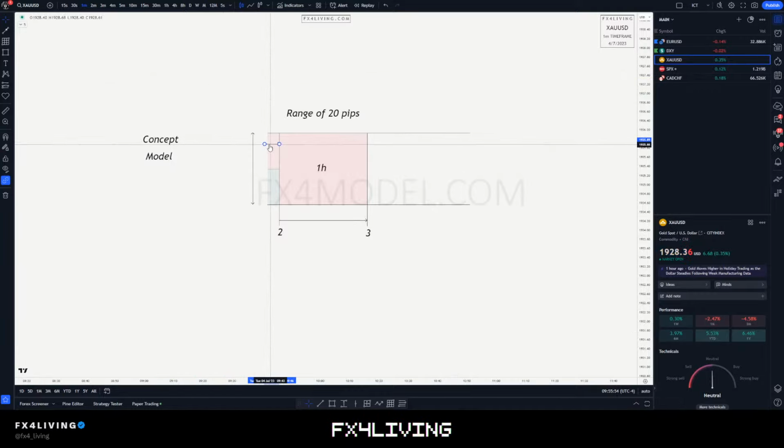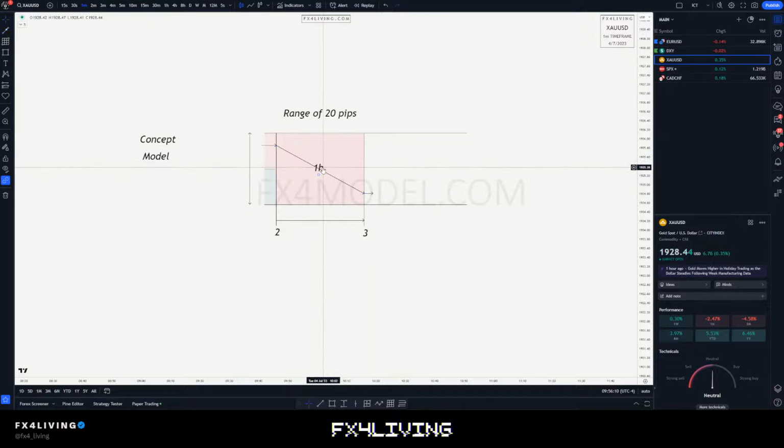So the candle opens here and closes here. If you take this open to this close, we can say the recent 1 hour order flow was bearish, right?